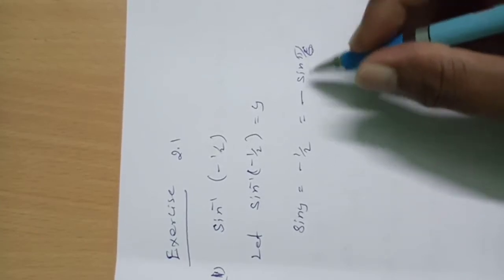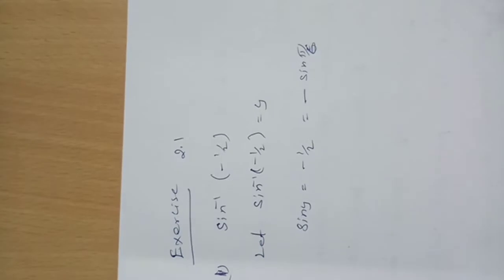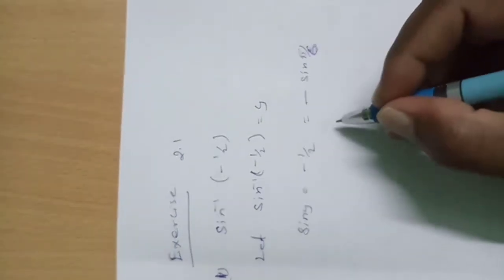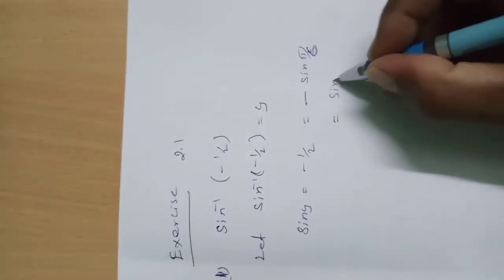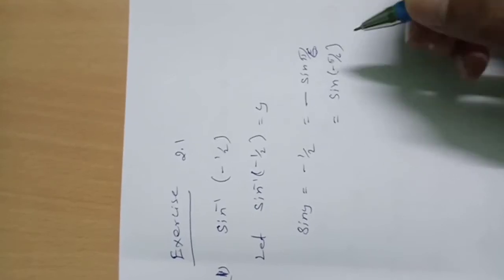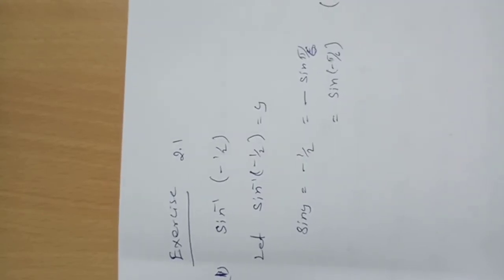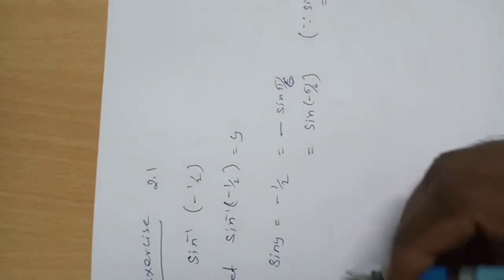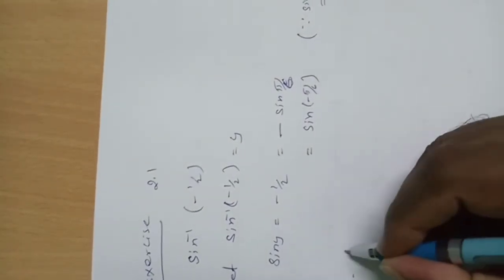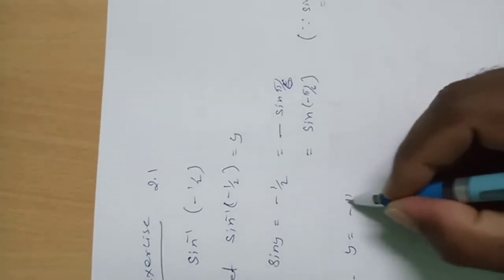So minus sine pi by 6 means minus 1 by 2. This is equal to sine of minus pi by 6, since sine of minus theta equals minus sine theta. Therefore y is equal to minus pi by 6.